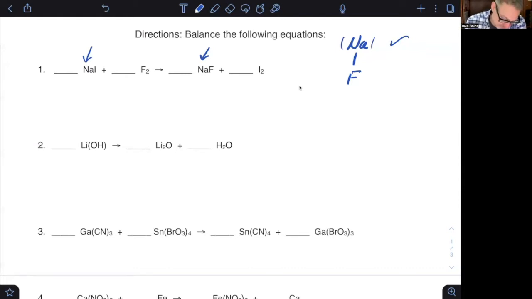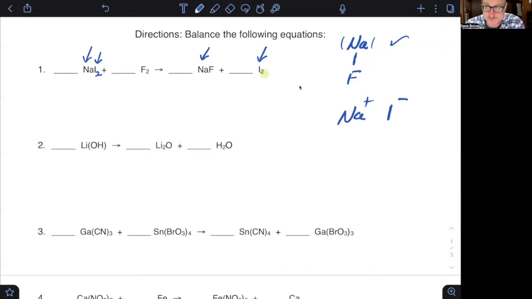For iodine, I've got 1 here, and I have 2 here. Notice this has a 2 as a subscript. Now, what I cannot do is mess with subscripts. I can't just come in here and put a 2 there because when I put together sodium and iodine, sodium forms a +1, iodine forms a -1.